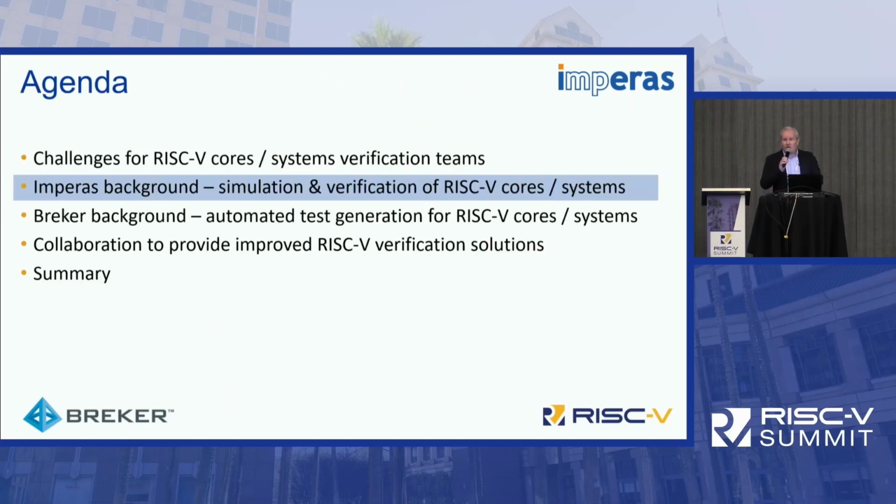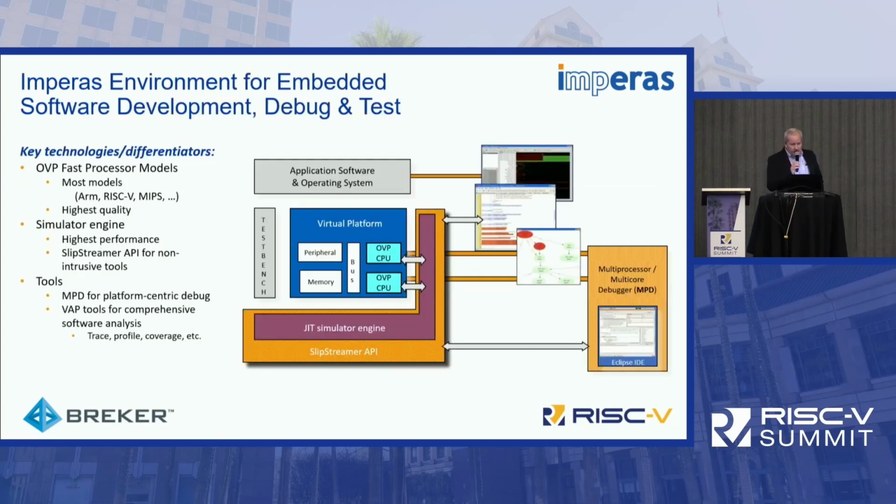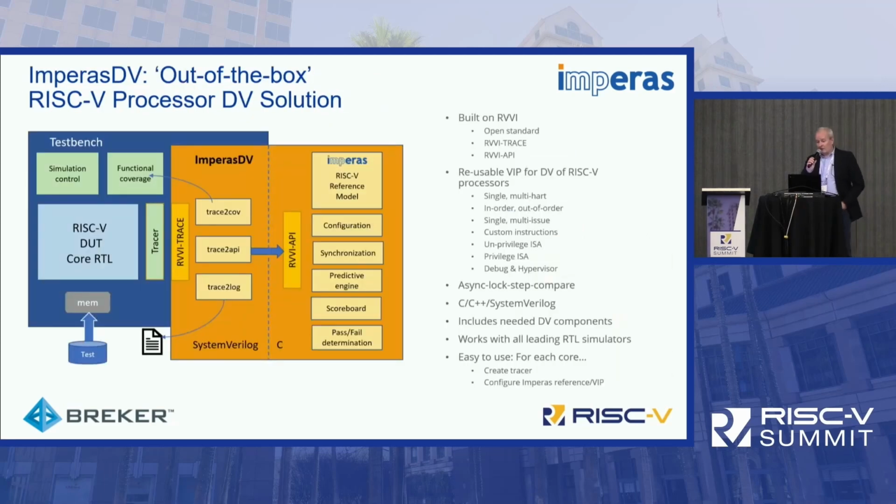So now what I want to do is go through a little bit of background of the company I work for in terms of where we started our processes and our products. Our background was actually in trying to develop technologies which allow you to develop software for a virtual platform.